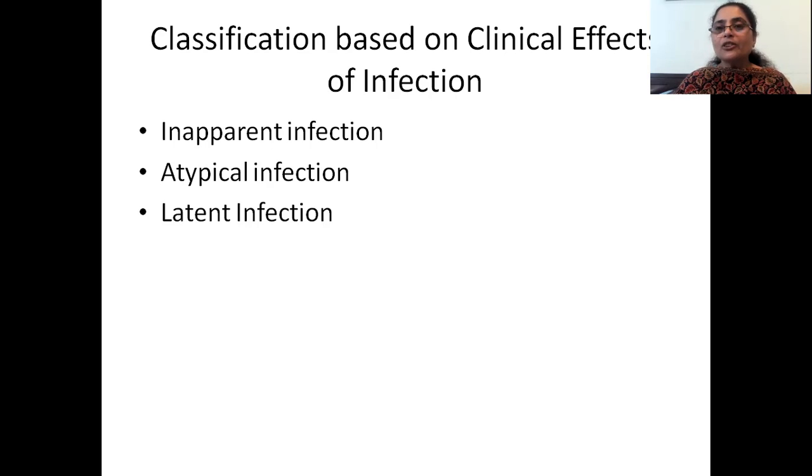So it will be latent there, sitting there. Whenever favorable conditions arise, like the body being immunosuppressed, it starts showing symptoms and the disease can reoccur. That is latent infection.